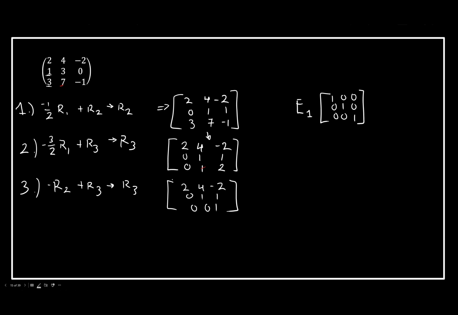So we say we want to change row 2, right? Row 2 is what's being affected. So we're going to have to find something in row 2. And we're going to be using row 1 to do that. So we find column 1.